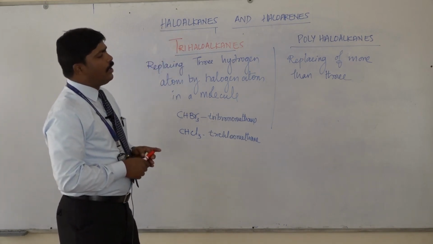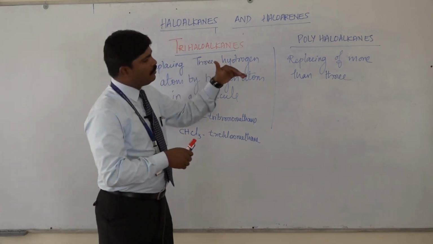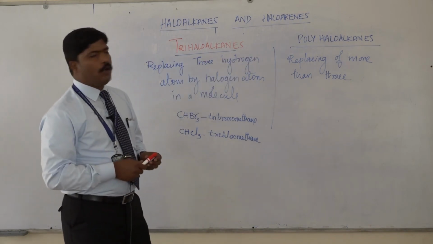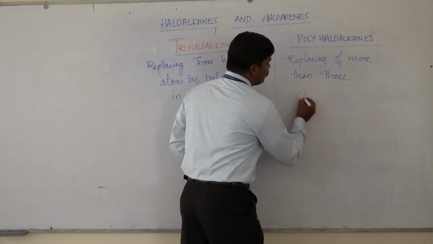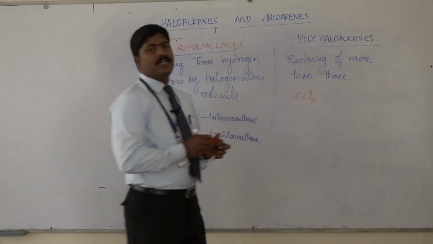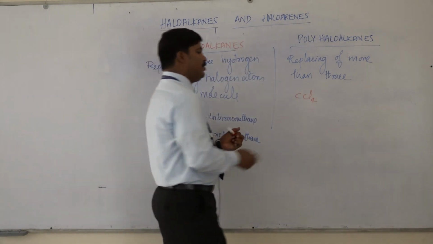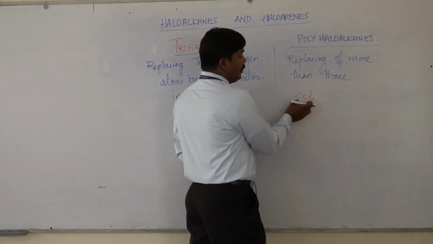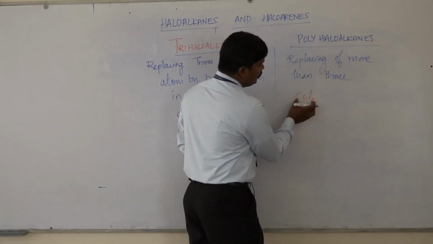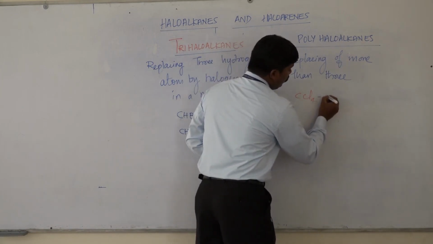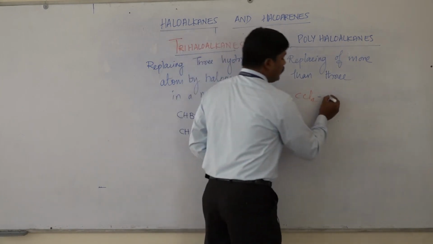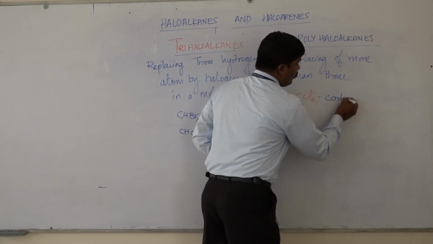Similarly, if I go for polyhalo, that means replacement of more than 3, it is called polyhaloalkane. I can give an example, CCl4, which is tetrachloromethane. You see the replacement is more than 3.